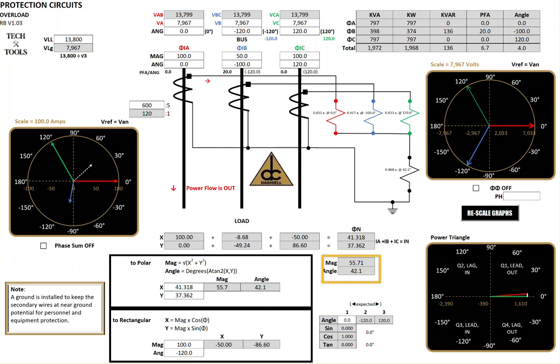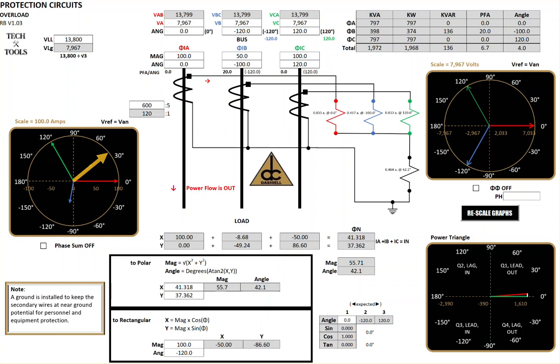So my neutral current is this one right here, and you can see it's 55, and you look at the scaling here at 42 degrees roughly. And if I extrapolate that out, you can see up here that's between 30 and 50, about 42 degrees. That's what it's supposed to be.